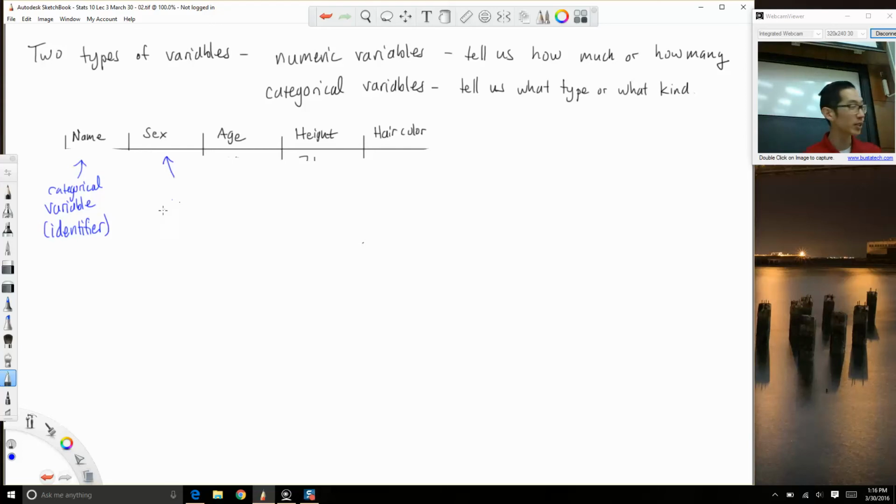Sex would be what kind of variable? Categorical, okay. Age, numeric, telling us how much or how many years you've been alive. Height, also numeric. And hair color will be categorical.